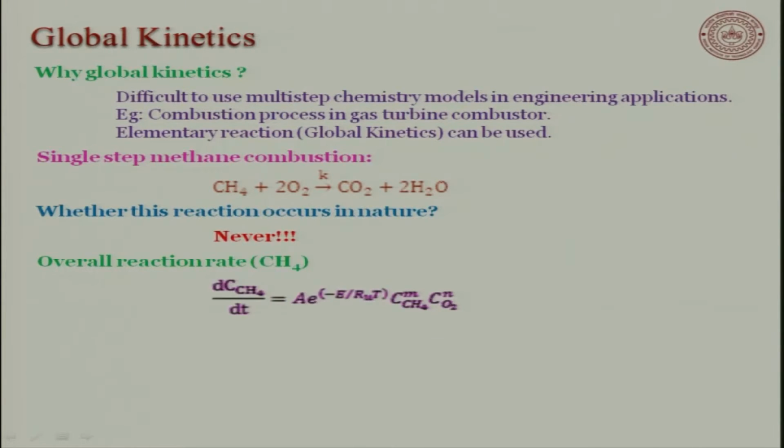And for the overall reaction I can write d[CH4]/dt equals A times exponential of minus E over RU T, where E is your activation energy and RU is the universal gas constant, T is temperature, multiplied by the concentrations of methane and oxygen raised to coefficients. These coefficients have to be obtained, and this is generally done by matching the heat release profile.